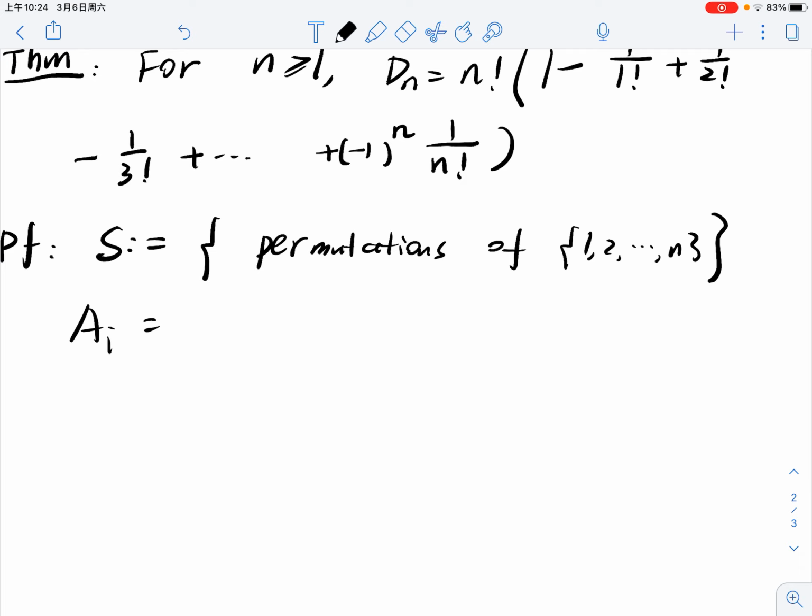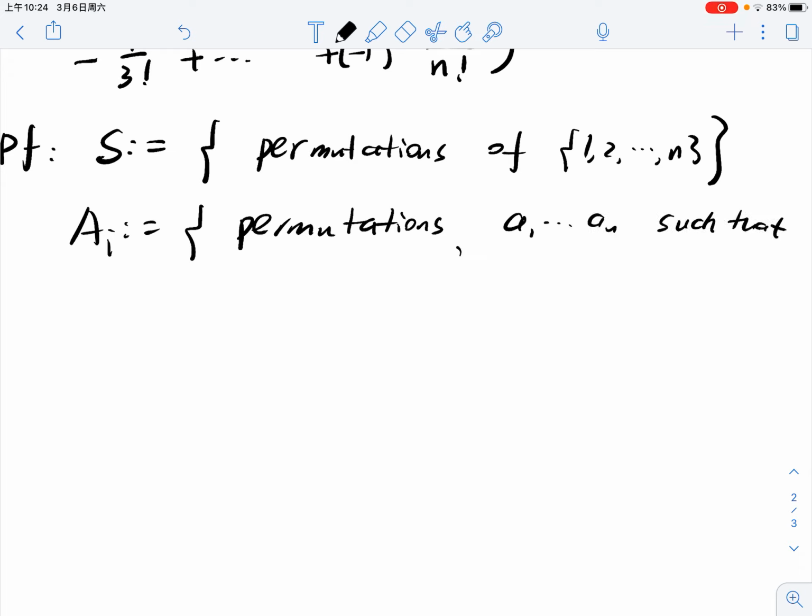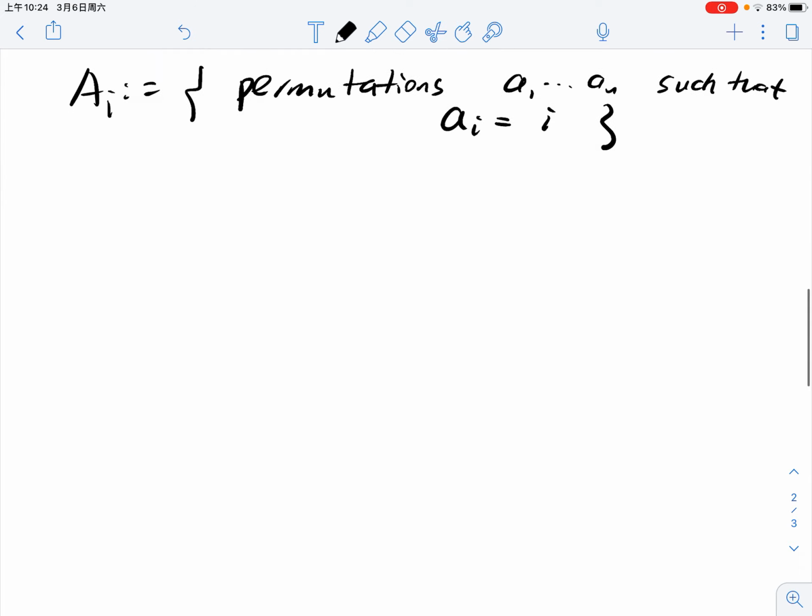And the subset Ai is defined to be the permutations a1, ..., an such that ai is i, so you fix the ith element.